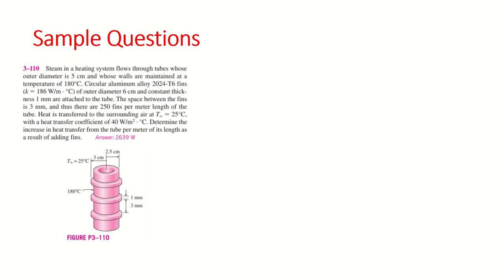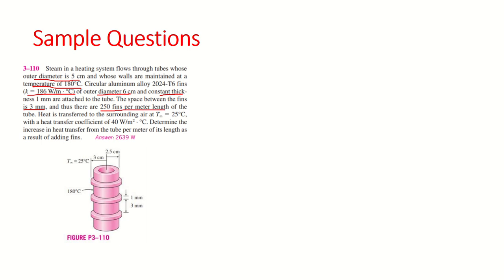The outer diameter is given. Then the temperature is given. Circular aluminum alloy fins are given. The outer diameter of the fin is 6 cm and the thickness is 1 mm. The spacing between the fins is also given, and there are 250 fins per meter length.